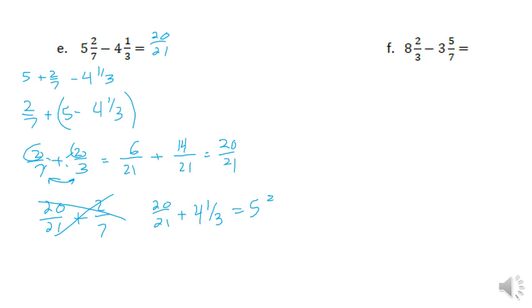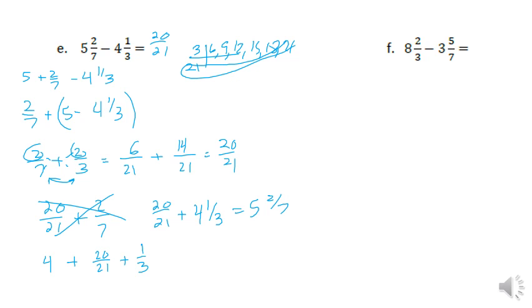Now, if I were going to check my work on this, I could turn this around and say that 20/21 plus 4 1/3 should equal 5 2/7. So let's go ahead and we have our whole number 4 plus, and let's go ahead and add these two fractions.